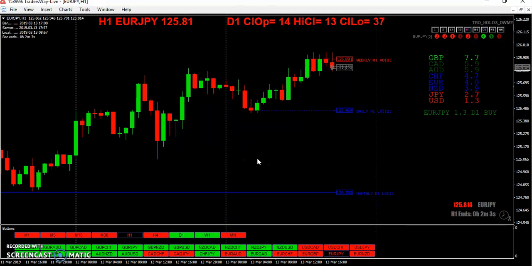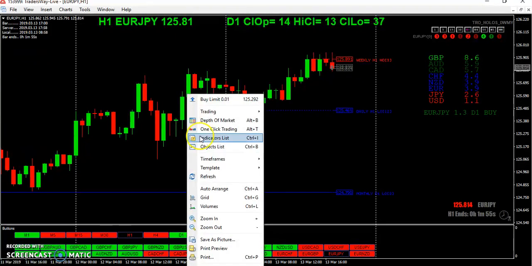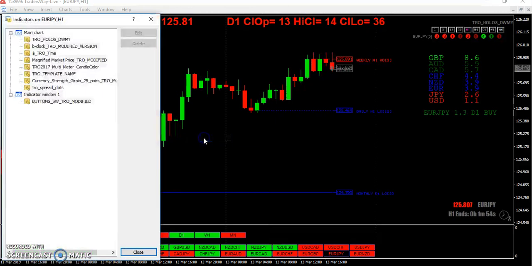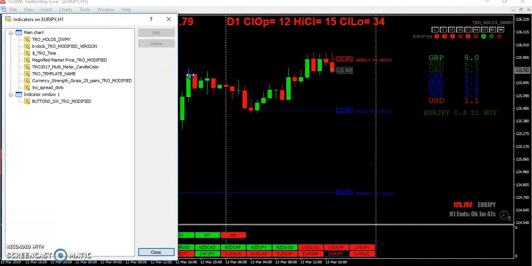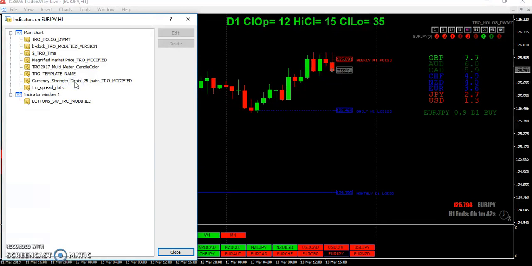And since I mentioned that indicator, let me show you which one I'm talking about here. Indicator list. It's this one. The currency strength, Giraia, or however you pronounce that, 25 pairs that I modified.